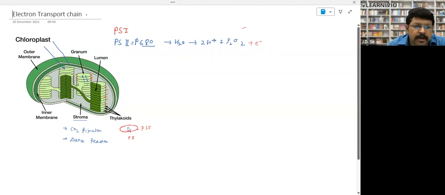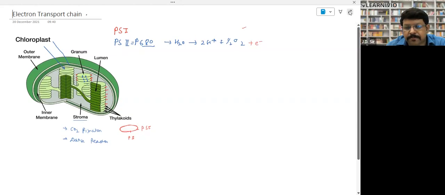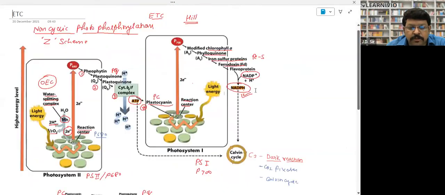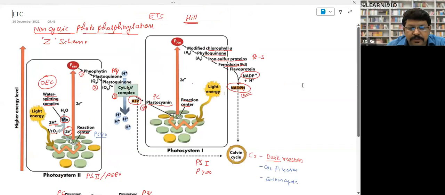Dark and light reaction I have already explained. There are two kinds of electron transport chains, cyclic and non-cyclic. What is cyclic and what is non-cyclic? In cyclic, electron comes back to its original position. In non-cyclic, electron does not come back.